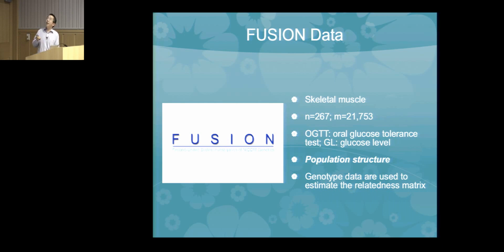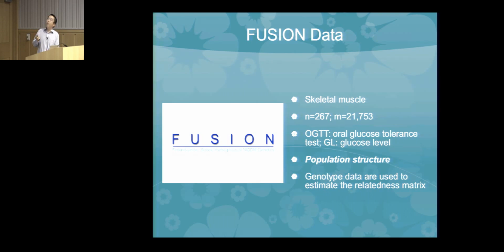In this data, we have population structure because the data were collected from Finland, from 3 different towns. If you simply do a principal component analysis, you see that PC1 and PC2 capture the 3 different town structures in Finland.